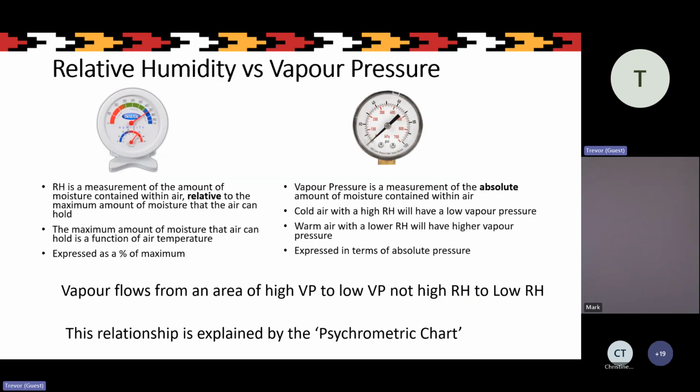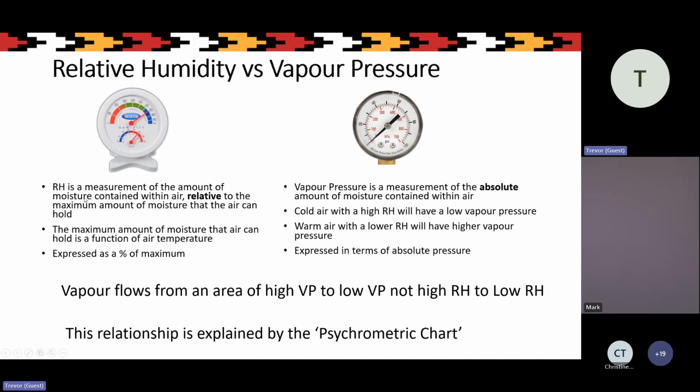So one thing I like to always bring up early on is the difference between relative humidity and vapor pressure. Relative humidity is a measure of the amount of moisture contained within air relative to the maximum amount of moisture that the air can hold. So what that means, at warm temperatures, air can hold a lot of moisture, and at cold temperatures, it can hold very little.